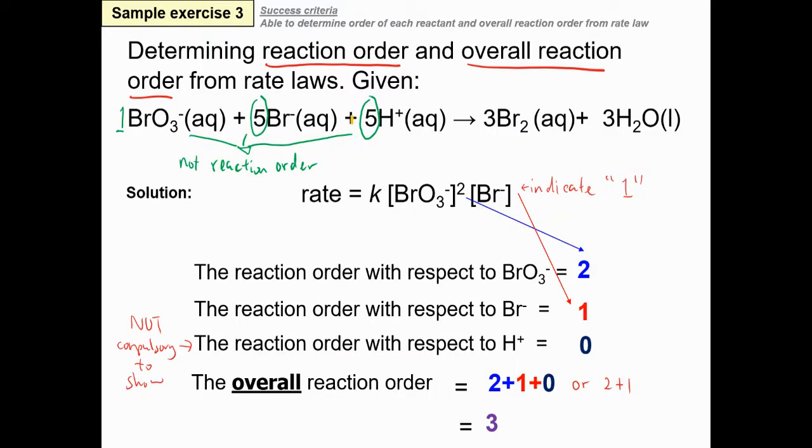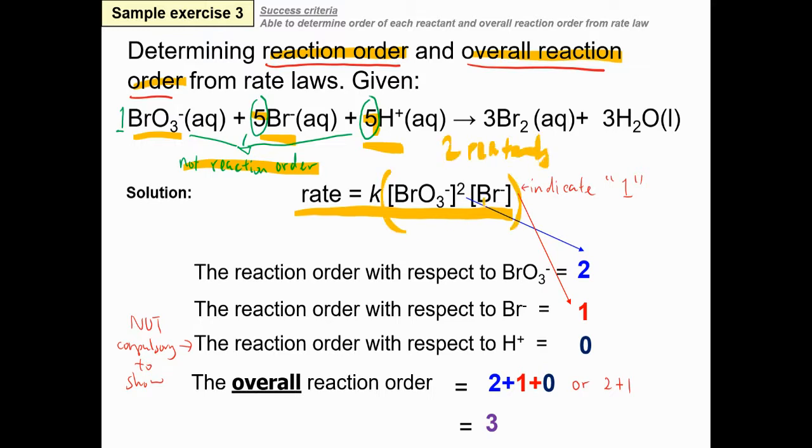Another question. Determine the reaction order and the overall reaction order from the rate law. This time the rate law is given. Same thing again. When we want to refer to the reaction order, do not refer to the coefficient given. We have 3 reactants, but here there are only 2 reactants.